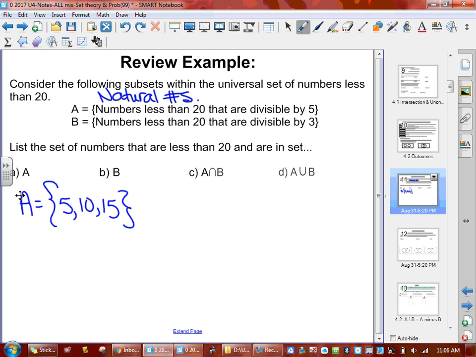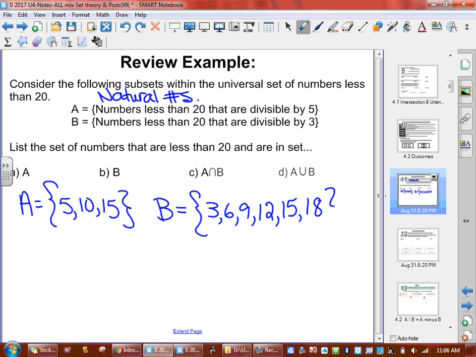So there we've got set A. Now we need to make set B. Set B says numbers divisible by 3. So now we're counting by 3. So 3, 6, 9, 12, 15, and 18.